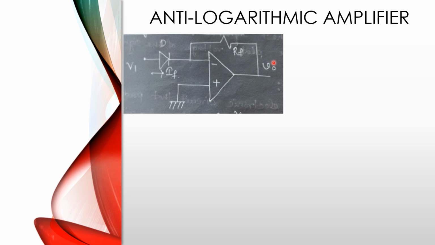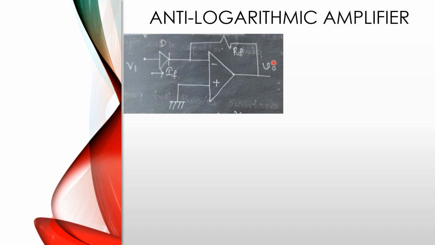But in the logarithmic amplifier circuit, the input parameter is the resistor and the feedback parameter is connected, that is diode. So this is the basic difference between logarithmic amplifier circuit and anti-logarithmic amplifier circuit. Just if we change the position of the diode and the resistor, then we get logarithmic amplifier and anti-logarithmic amplifier by using op-amp.